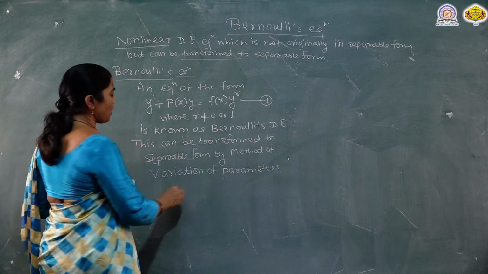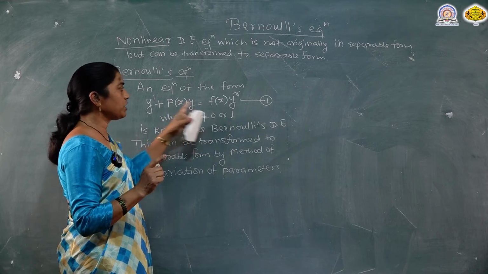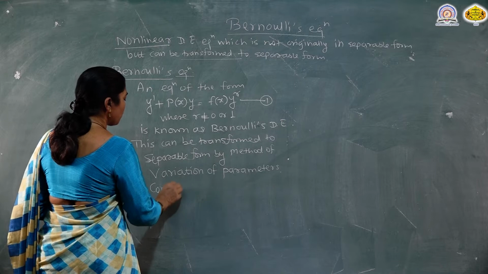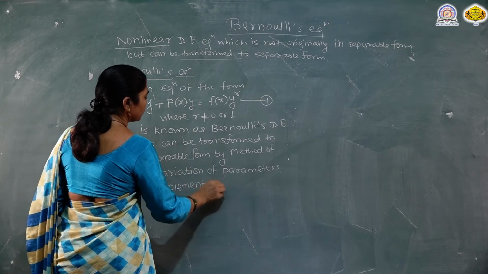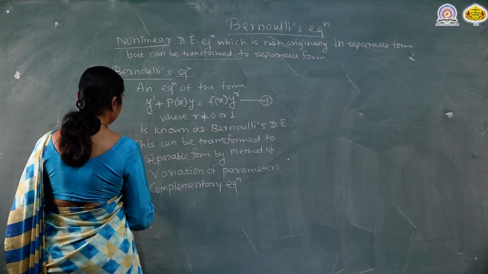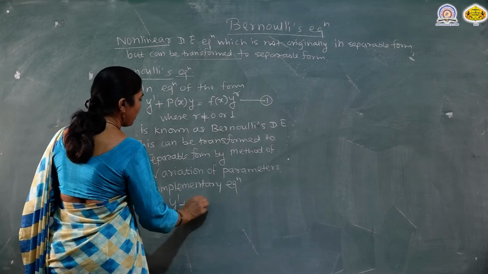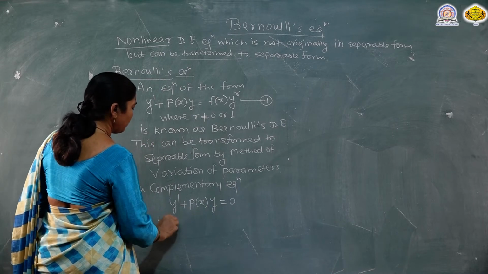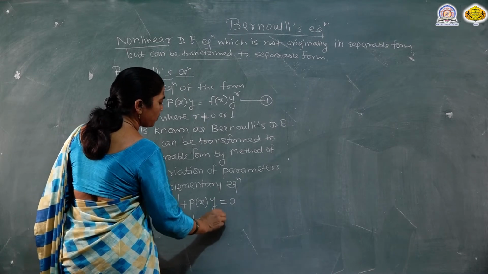For this, we start with the associated homogeneous equation of (1), that is known as the complementary equation. So consider the complementary equation (2), that is y' + p(x)y = 0. Let us assume that y1 is a solution of this complementary equation.